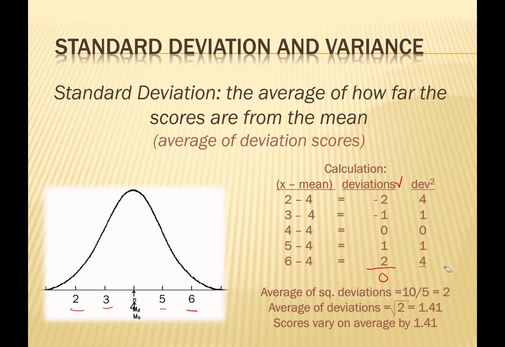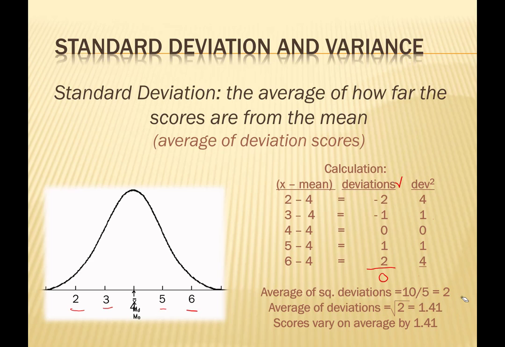When you have all these positive numbers, you can add them up and divide by the number of scores to get your average, right? So these squared deviations add up to 10, so you divide by 5, and that gives you 2, right?